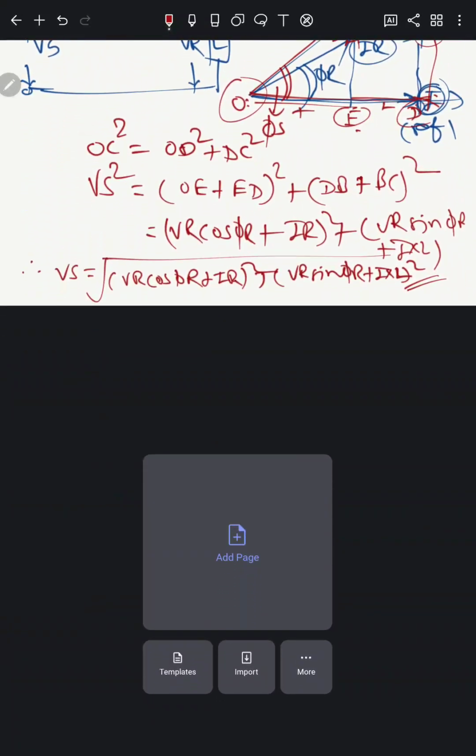Up till now we have got percentage regulation already in the previous lecture. The formula is Vs minus Vr divided by Vr into 100. Second point we have got is sending end power factor.